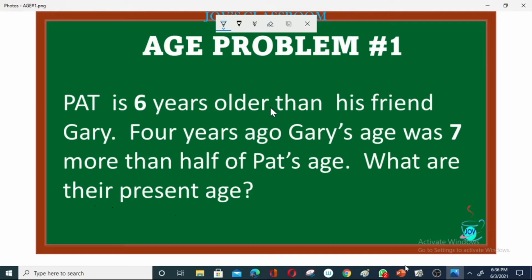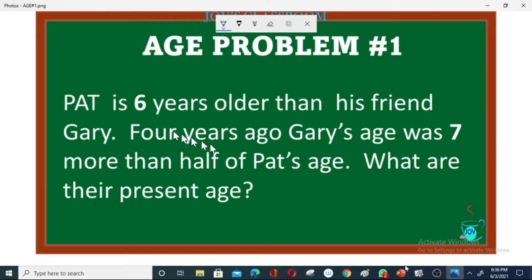Whoever the person that is not described in the problem, we will assign that person as X. In this case, Gary is not the one described. Pat is the one described, because Pat is 6 years older. So there's a description of Pat that he is 6 years older, and Gary is not described in the problem.